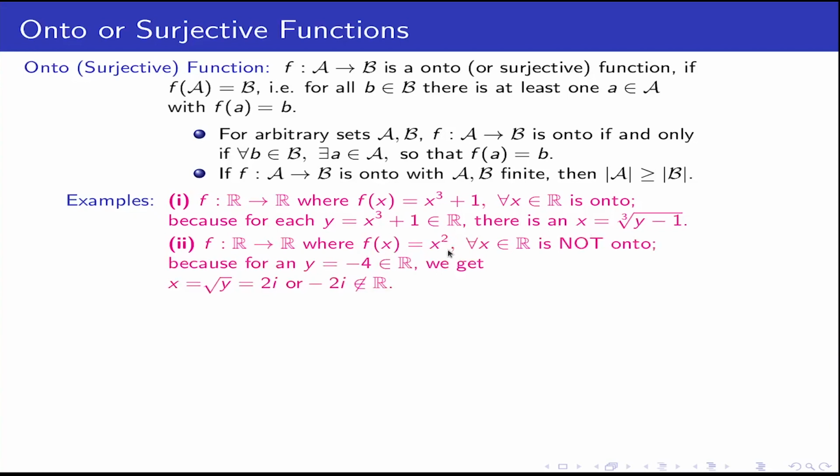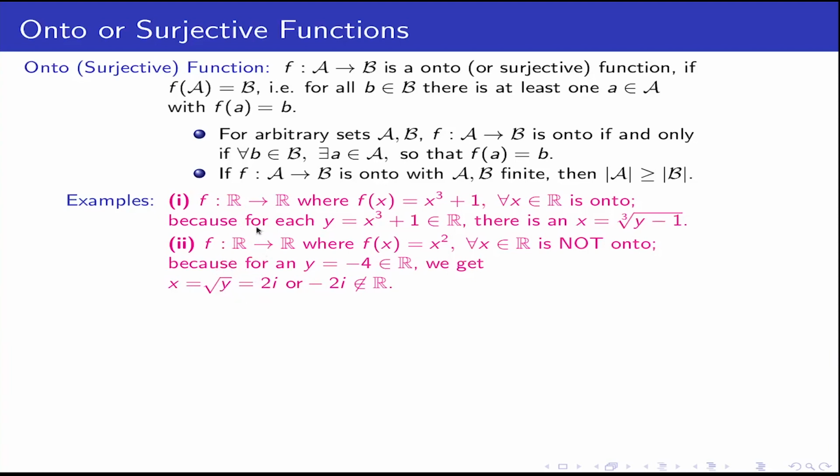Similarly, if you see f(x) equal to x square, again from real to real number, I can find an element in the codomain which is minus 4, where if I try to see the pre-image, it is either 2i or minus 2i. So this particular element, 2i or minus 2i, is not present in the set of reals.